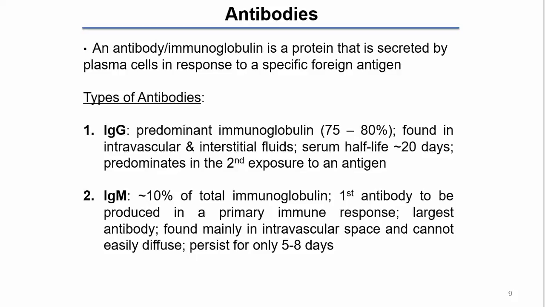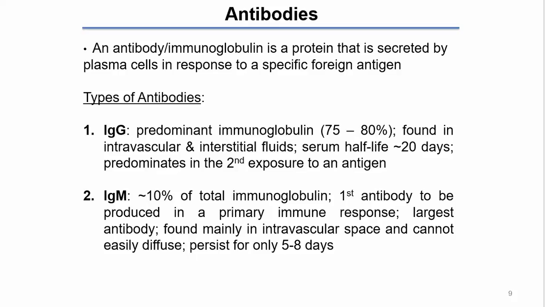Okay, we talked in A&P, and again, review, about the different things that antibodies do. Antibodies neutralize, agglutinate, precipitate, activate complement, and enhance phagocytosis. And we also said that at that time that there were 5 fundamental classes of antibodies, and they are Ig, for immunoglobulin, MADGE.